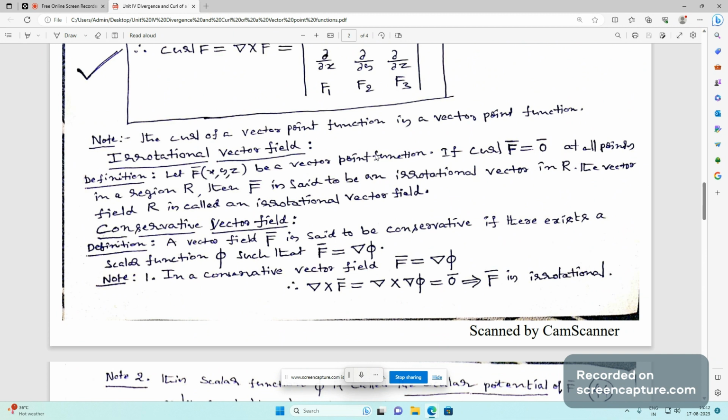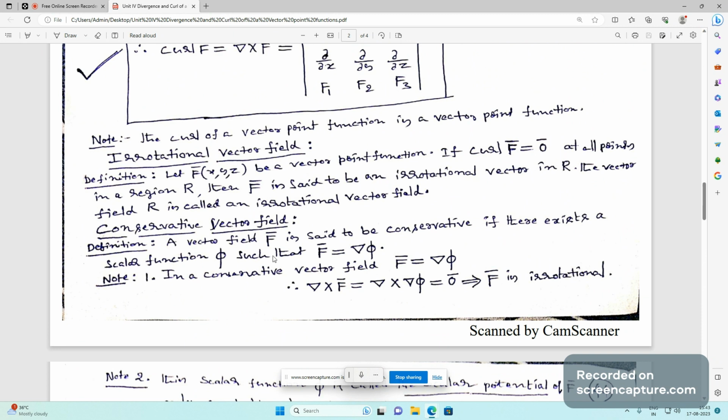Next, conservative field. A vector field f bar is said to be conservative if there exists a scalar point function pi such that f bar equals gradient of pi, grad pi.